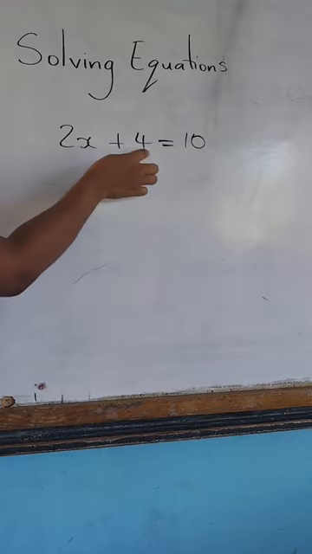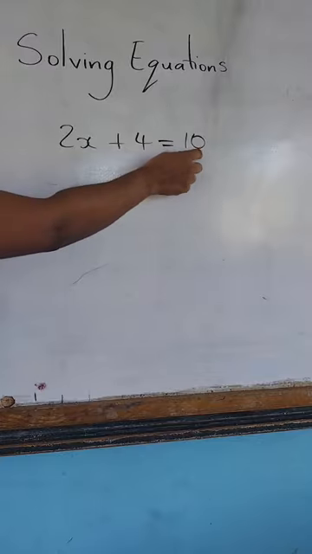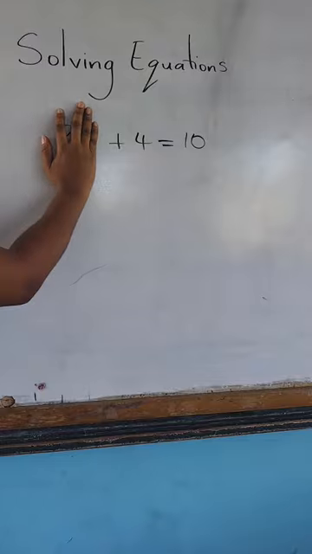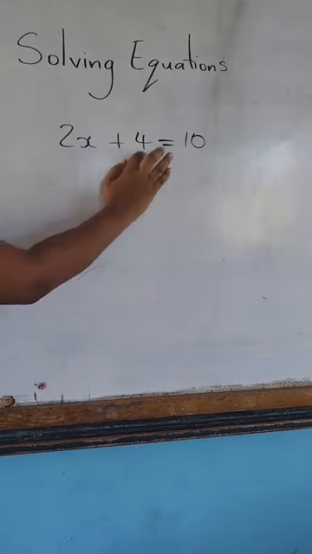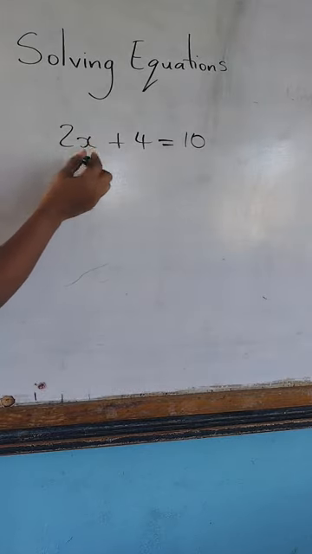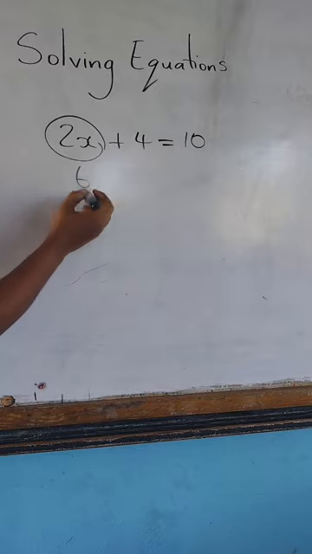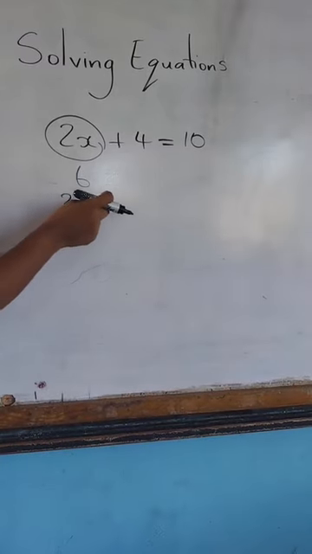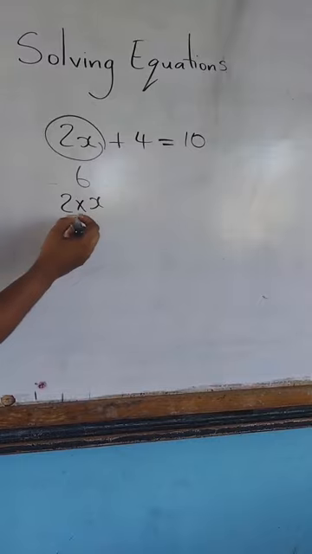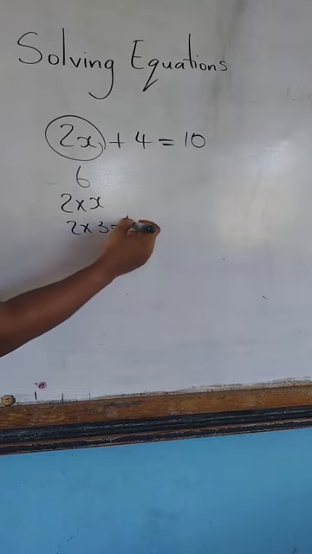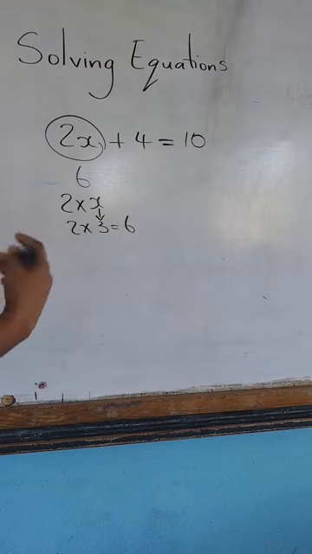This number plus this number gives me 10. If I look at it, I know that this number must be 6 because 6 plus 4 is equal to 10. And if it's 2 times a number that gives me 6, 2 times 3 is 6, which means that x would have been 3.